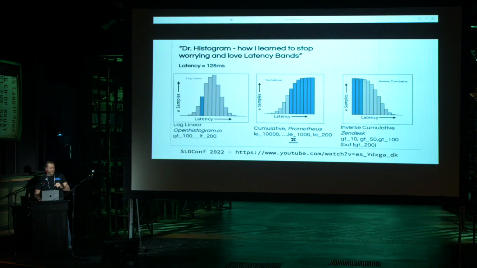And if I've got an SLO that says I want 99.95% of my requests under 500 milliseconds, you can just use the 500 millisecond bin for this and count up all the requests. The math is really easy. The math for sketches and digests is more complicated.